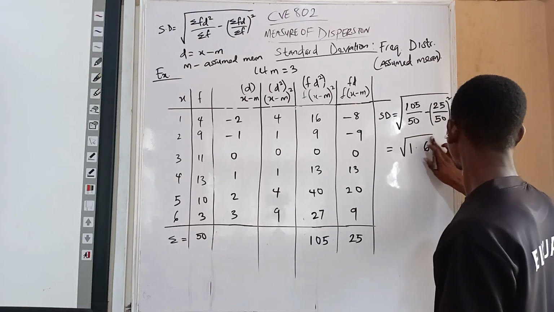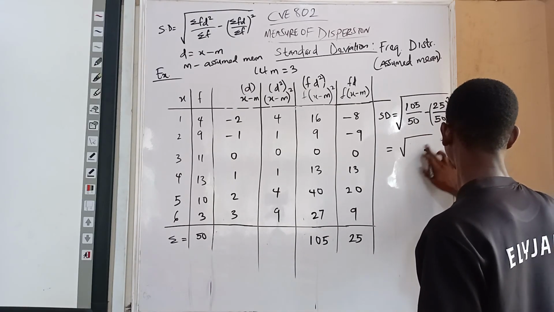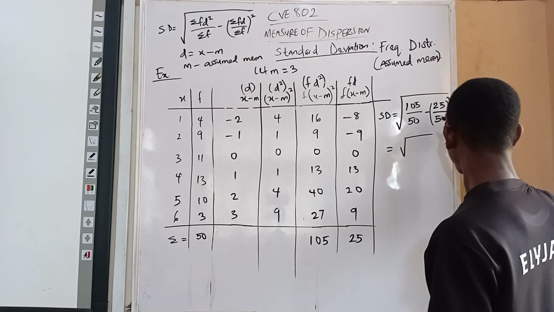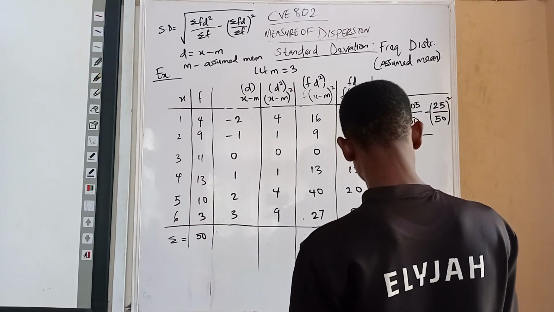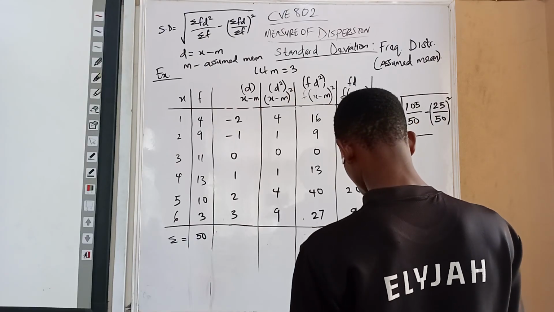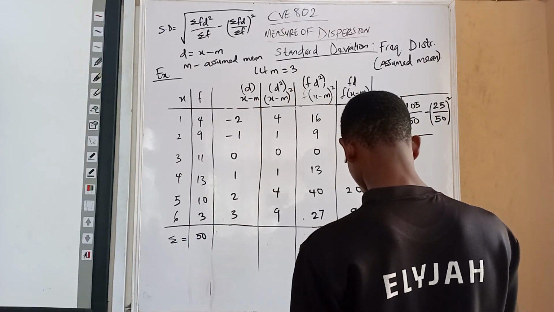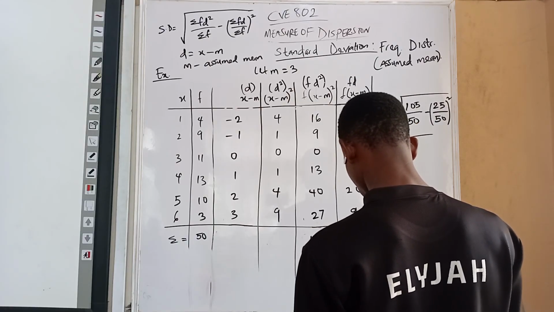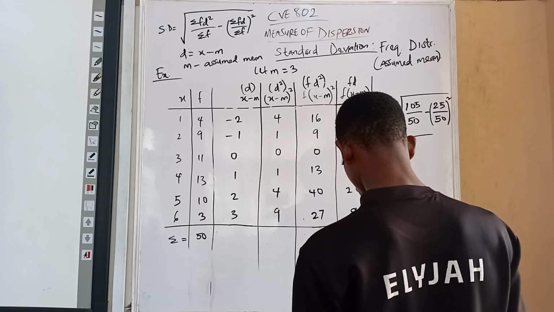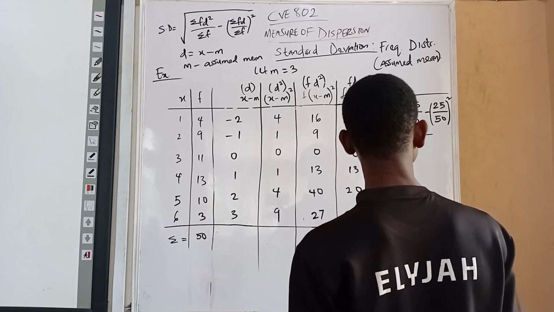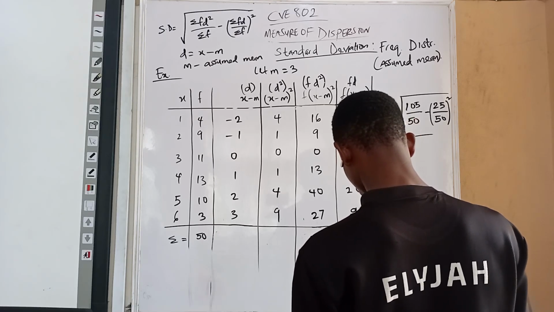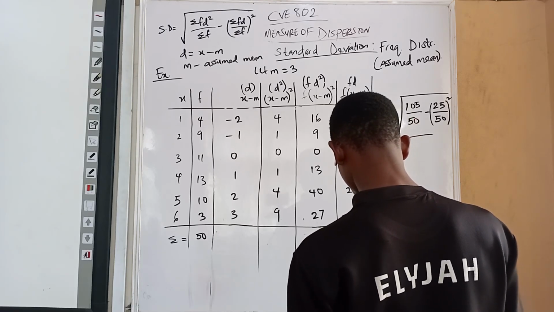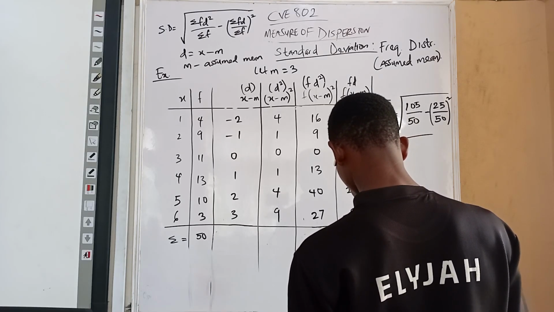So from there, we have 105 divided by 50 minus, in brackets, 25 over 50, which is 0.5, all squared.